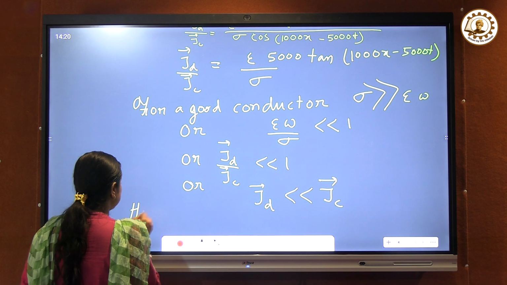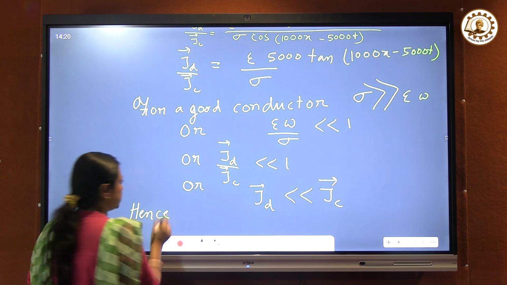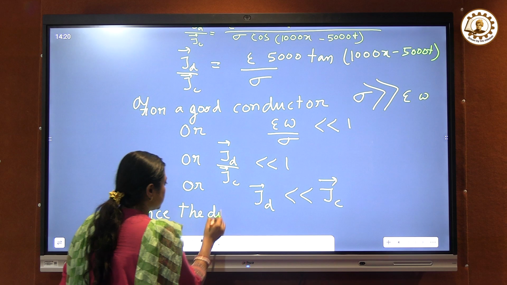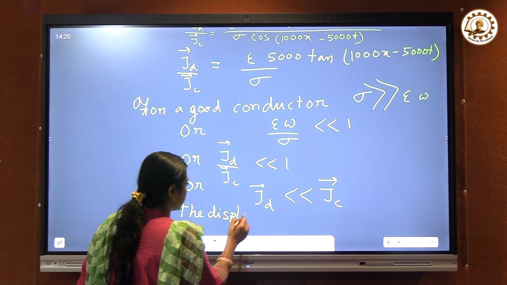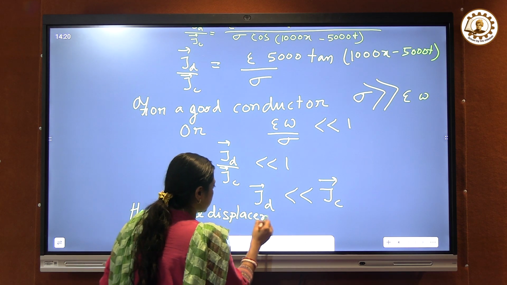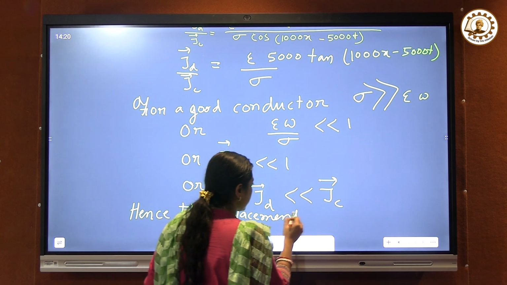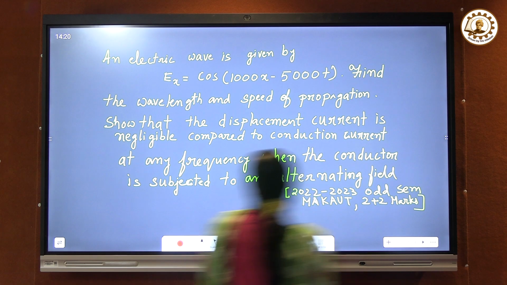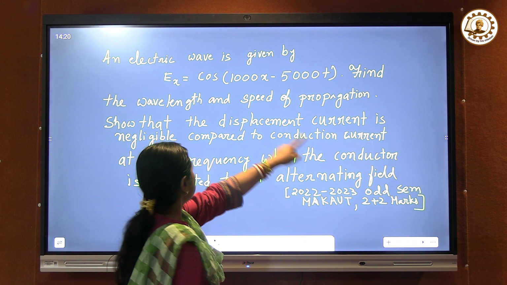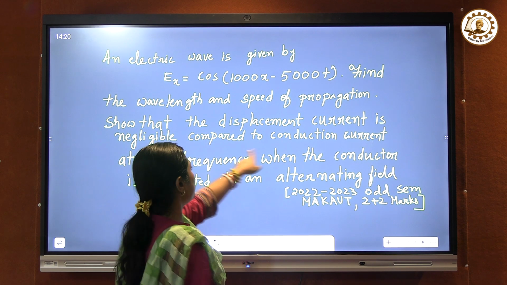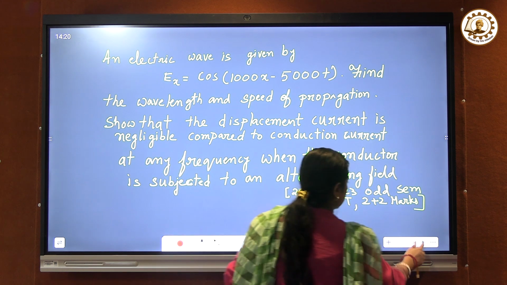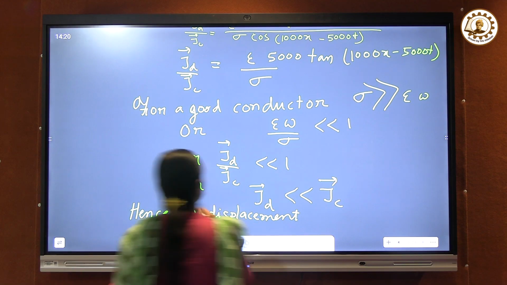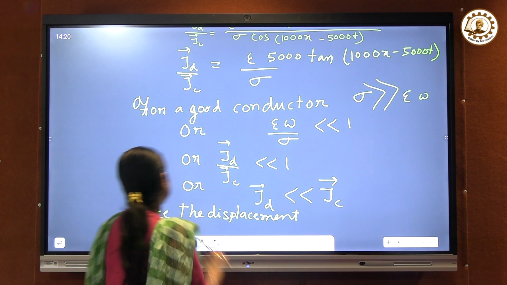Hence, the displacement current is negligible compared to conduction current. So if the current densities are like that, current also we are expressing in this format.